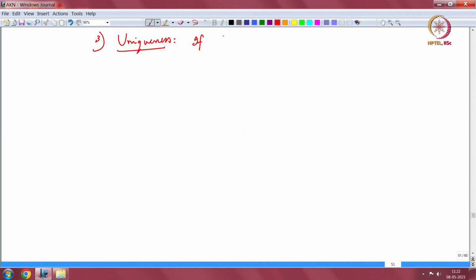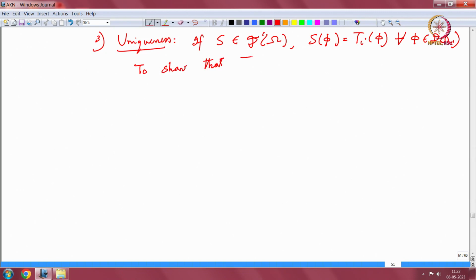Because it can give a different partition of unity and it can give you another S, if S is in D prime of omega with S phi equal to T I of phi for all phi supported in omega I, then you have to show that T phi equal to S phi.